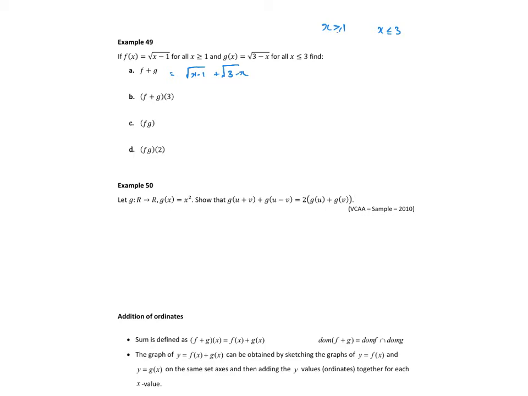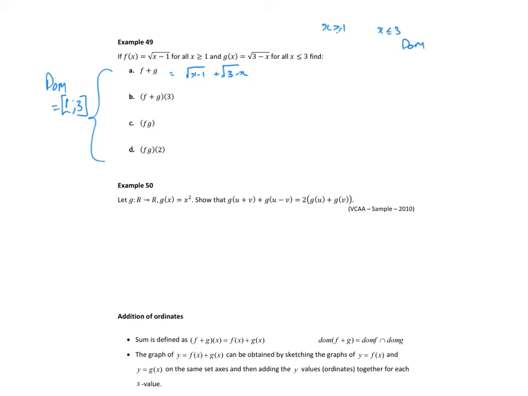So they've got to be bigger than 1 and less than 3. So the domain for all of these graphs in here is going to be 1 to 3. Yeah? Because if the numbers are outside those two values, one of those two functions won't exist.